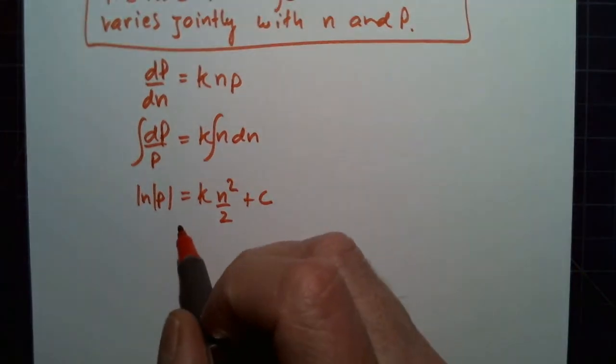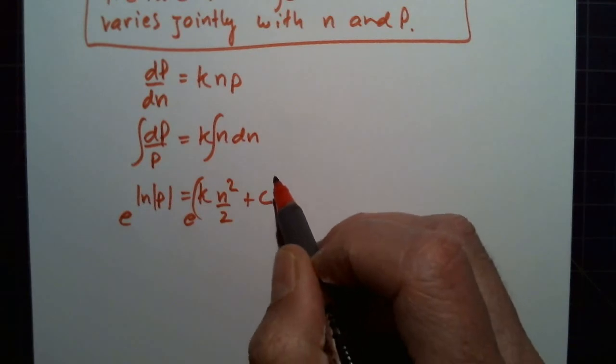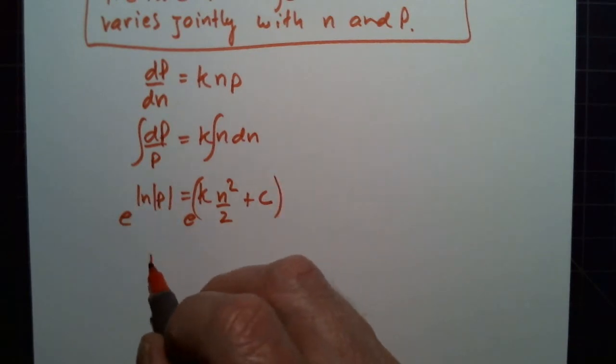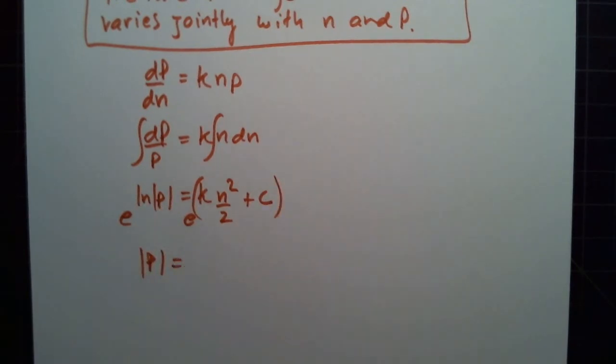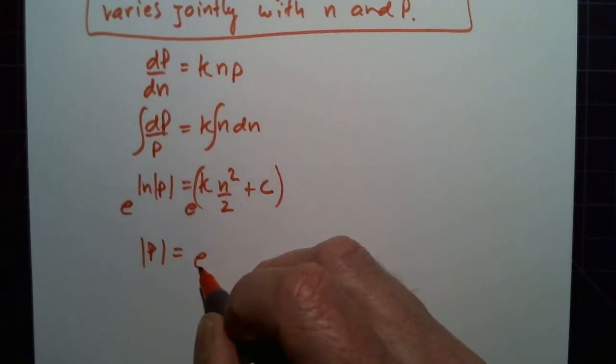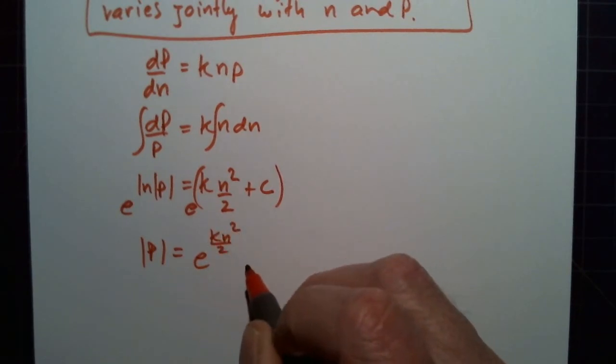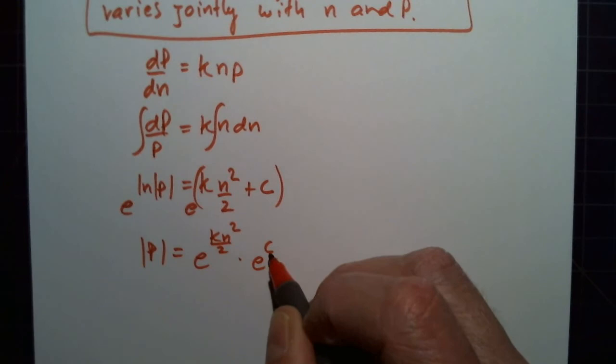And we could write this as e to the ln, so that's going to be just p. This is going to be e to the kn squared over 2 times e to the c.